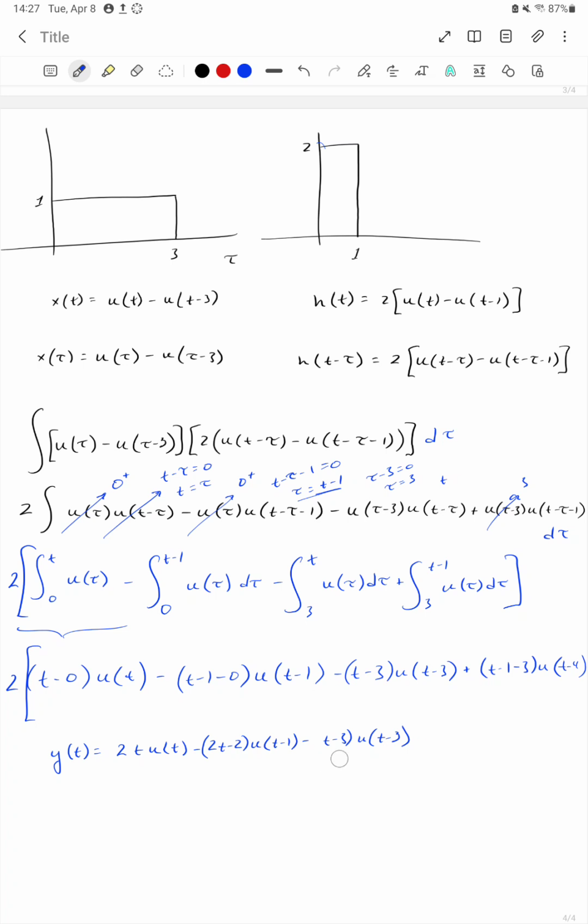And this is going to be a 2t minus 6. And then this is going to be a plus 2t plus 4 u t minus 4. All right. And so that right there, you don't need to actually do anything else to it.